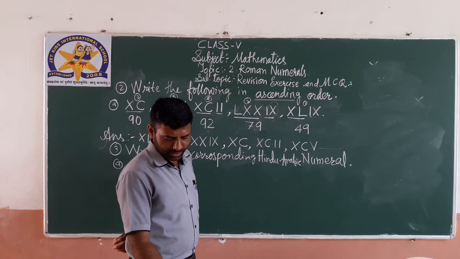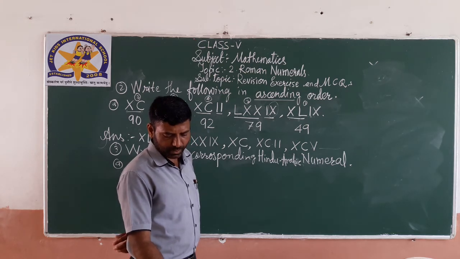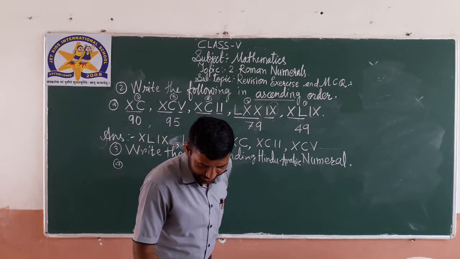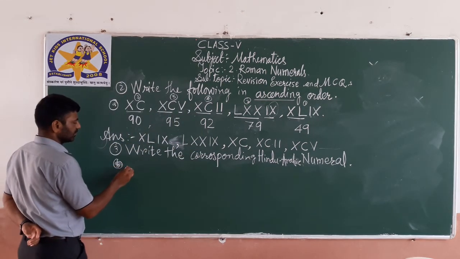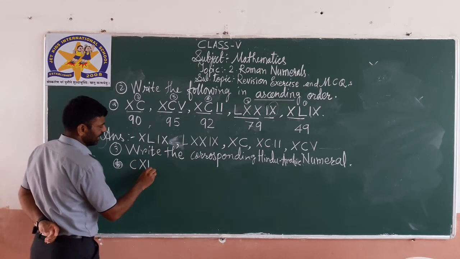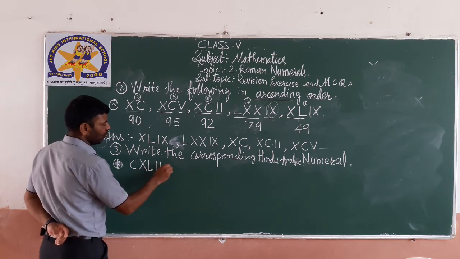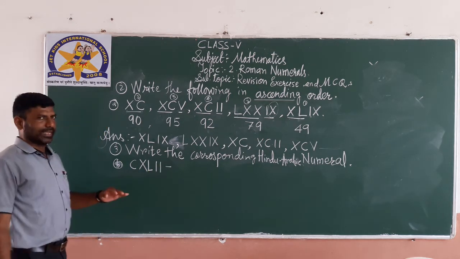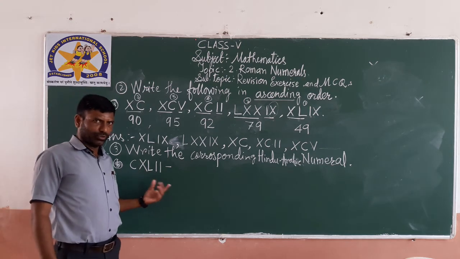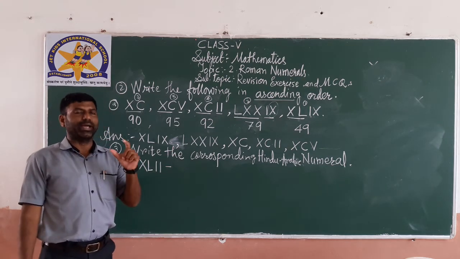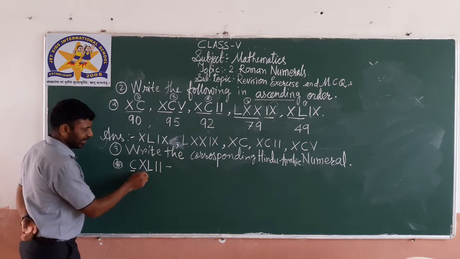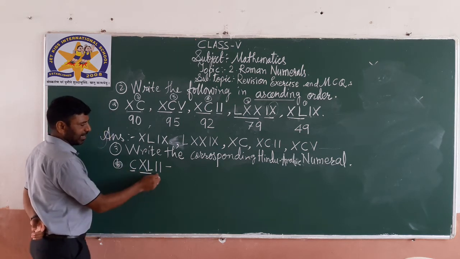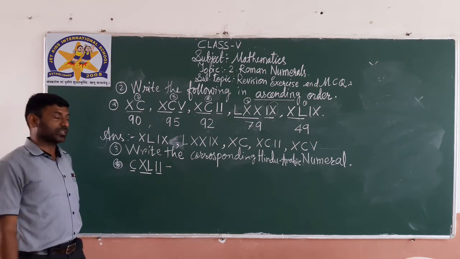Okay. Let's see. B, CXLII. What I say is, while converting Roman numerals into Indo-Arabic numerals, pair it. See, I will pair now. C is different, XL one pair and II another pair.